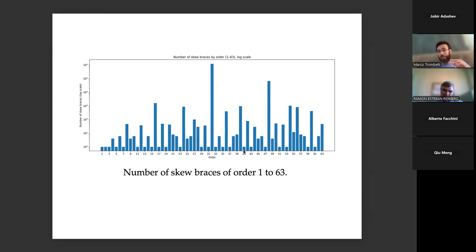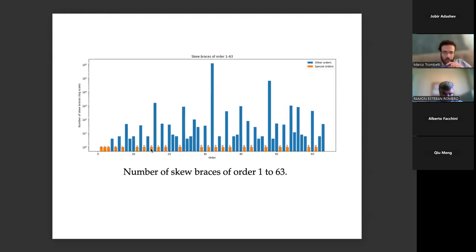You could say, well, maybe for skew braces of prime cardinality there is just one, but not only for prime cardinality, because I think I highlighted these now. There is also 15 here, which is not a prime number, but there is just one skew brace of that cardinality. So what is the pattern here? Why in some places is there just one skew brace and in some other places not?